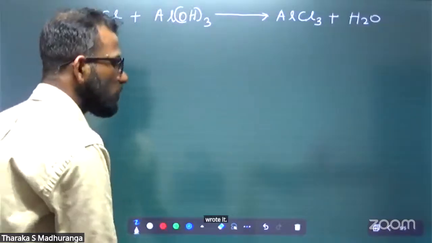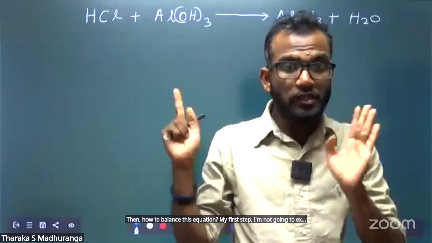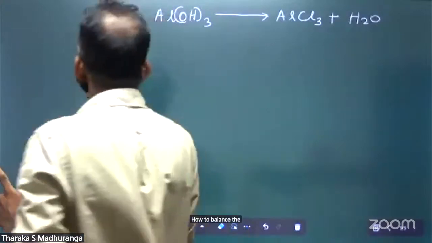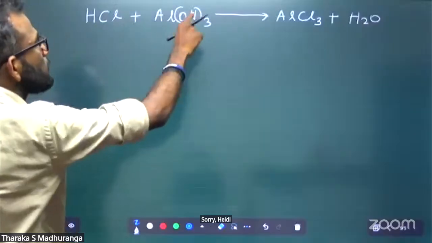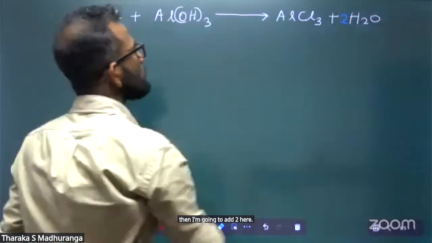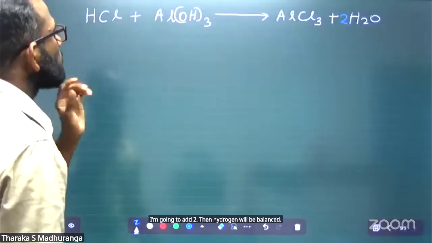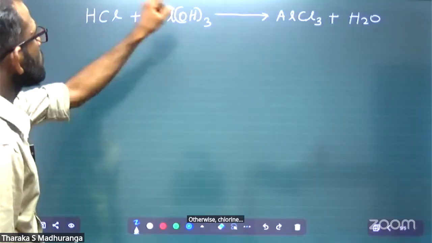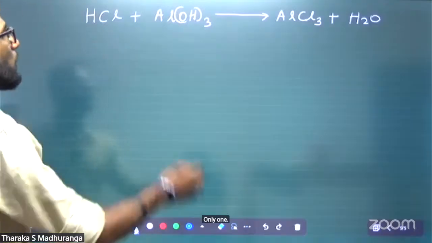Then how to balance this equation? I'm not going to mention steps, I'm going through the process. Hydrogen 1, hydrogen 2. Sorry, hydrogen not 1, hydrogen 4 on one side, only hydrogen 2. Before that, we need to balance chlorine, because chlorine is 3 and it is only 1. Therefore, I need to add 3 here.